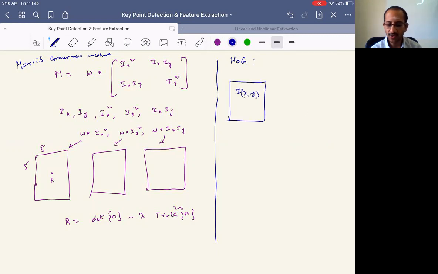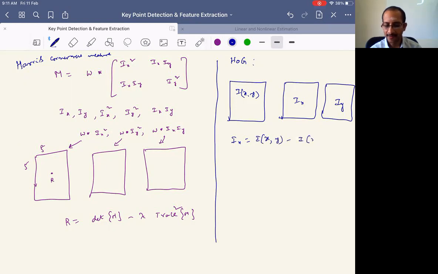we can compute Ix. Computing Ix, Iy, I hope all of you know how to do that. Ix means the gradient in the X direction, which is again a matrix of the same dimension. How is that obtained? By finding I of X comma Y minus I of X minus 1 comma Y at each pixel.